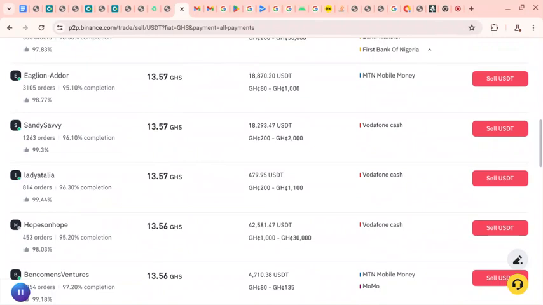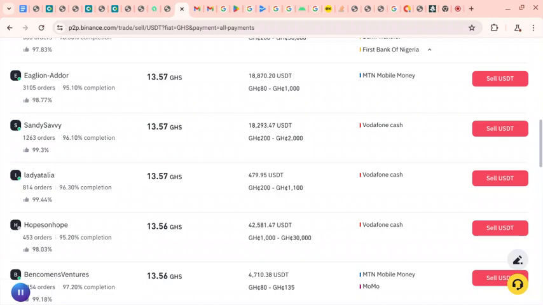That is why I say that today is the best day for you to buy it rather than sell it. Maybe you bought yours at 12 Ghana cedis, then today is the best day to sell it. But you can also wait for it to shoot up again before you sell it.